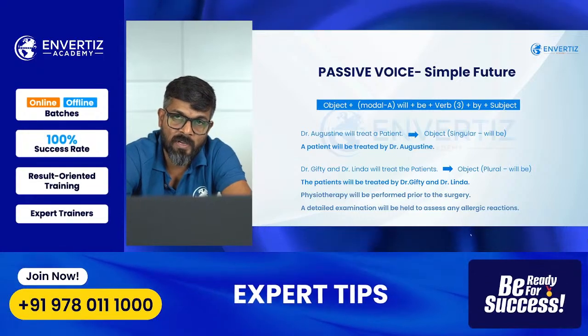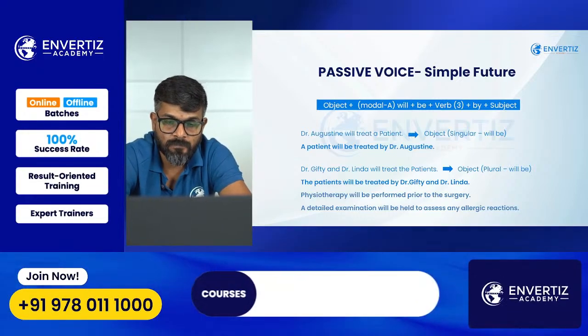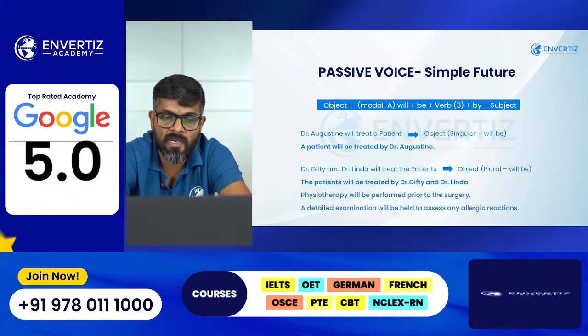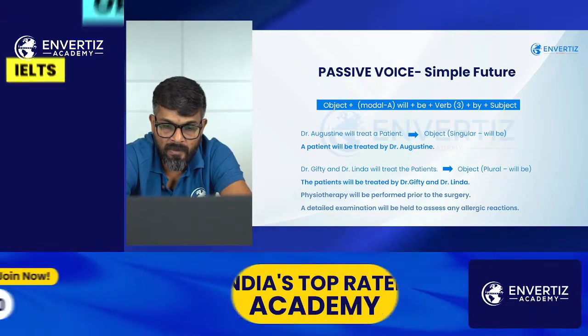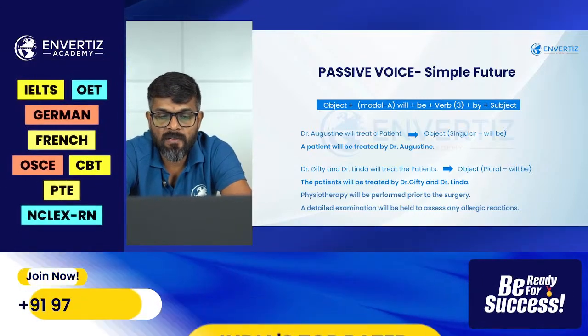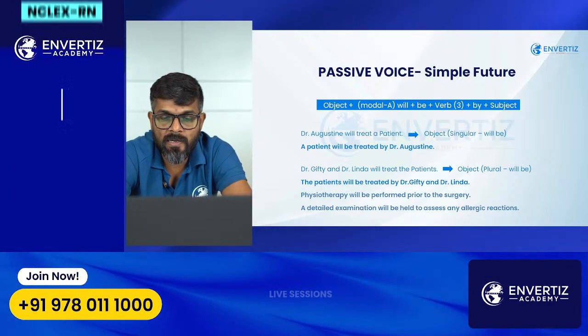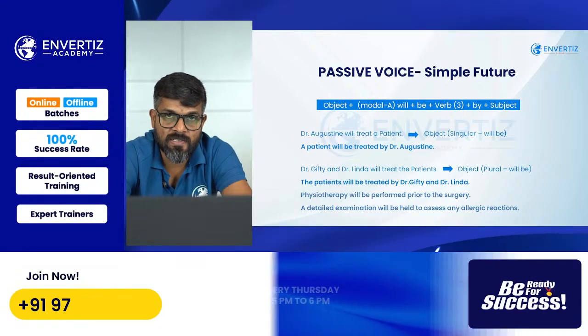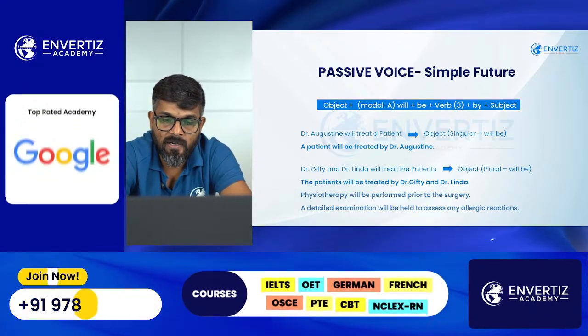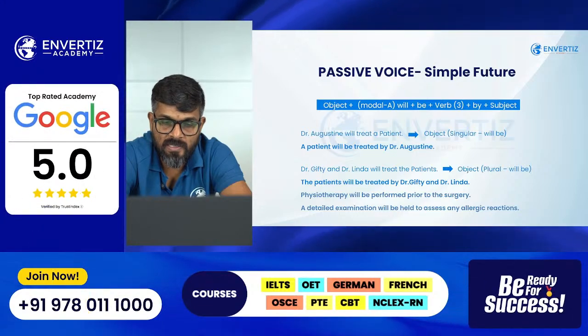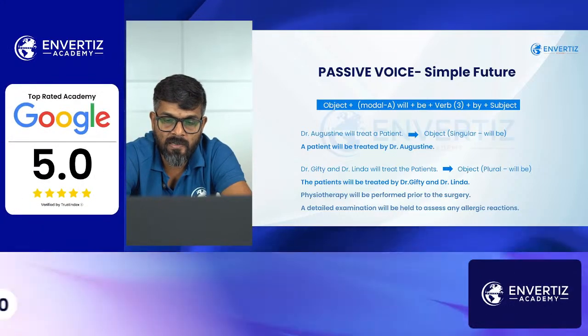When it comes to the plural, see the object, Dr. Gifty and Dr. Linda. The object is a plural. So, Dr. Gifty and Dr. Linda will treat the patients. The patients, which is the object and which is plural.